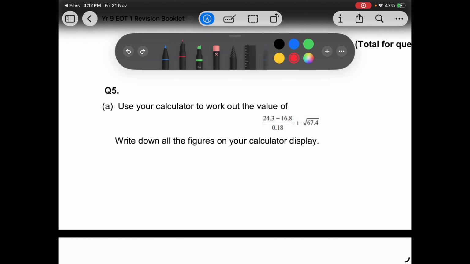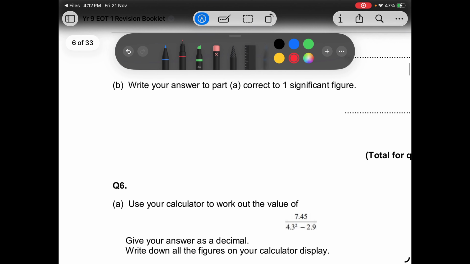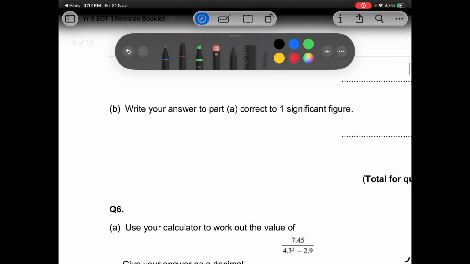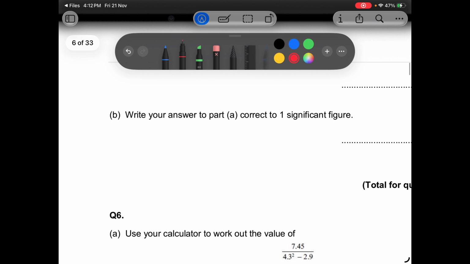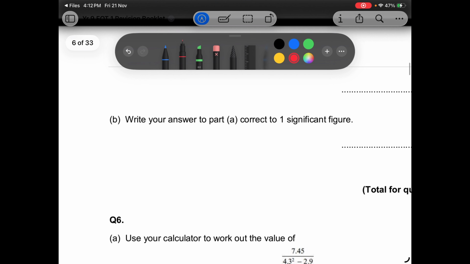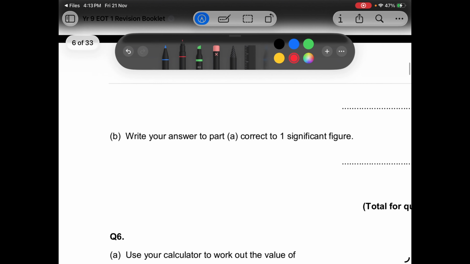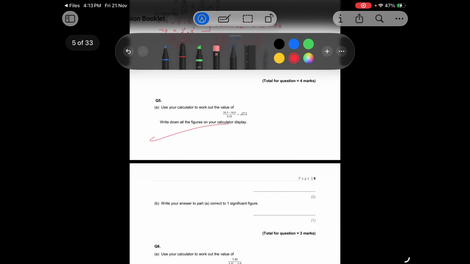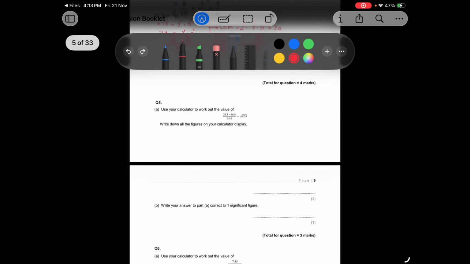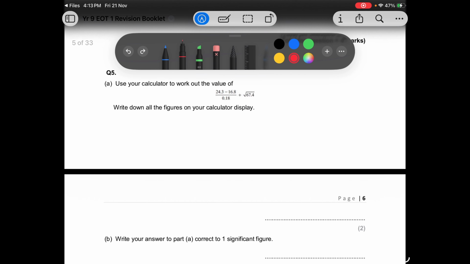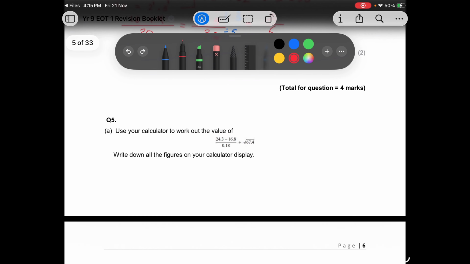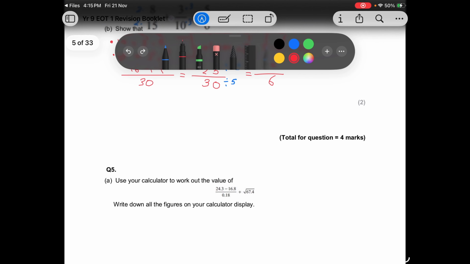This is calculator matter, so this is sort of trivial. So here write your answer part A. Okay, calculate to one significant figure. We will find out, so I have to go back and solve this honestly. Okay guys, I need to give myself some time.